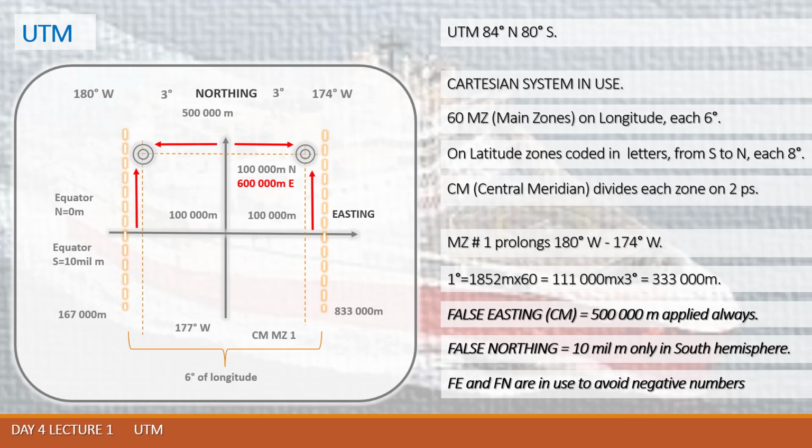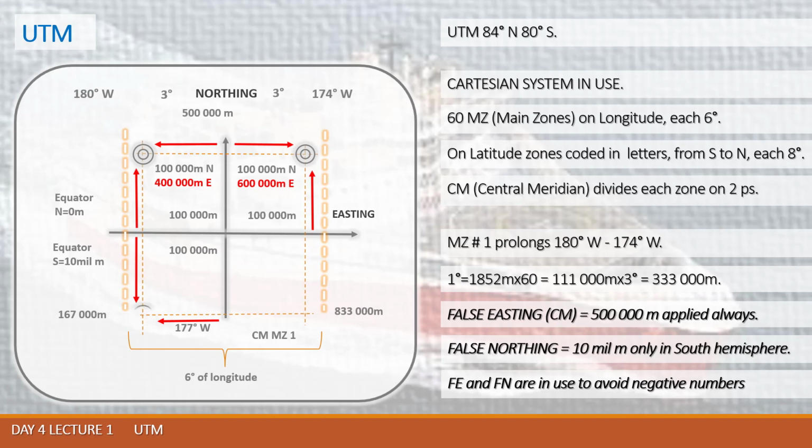In case we decide to work in the south hemisphere, and we move exactly the same step, let's say to the west and beneath the equator, then we receive the next coordinate. From the equator in that case, the value will be 10 million meters, because we know that we have to apply the false northing offset.